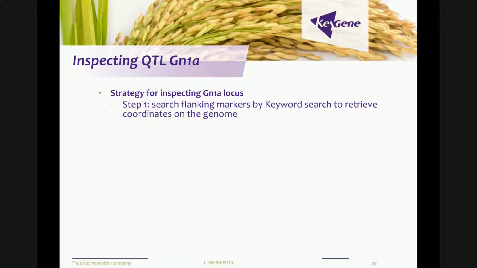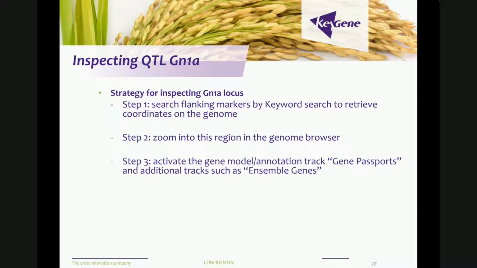If they are not present, so for example, the data of that particular paper has not been incorporated into Pedia, then you can use a BLAST to align the sequence of these markers and find your genomic coordinates. We will then zoom into this region in the genome browser and activate all the data sets that we deem interesting in order to continue with the research.